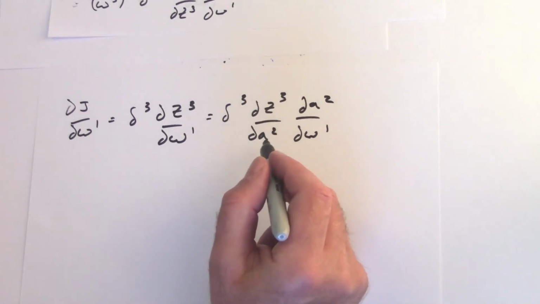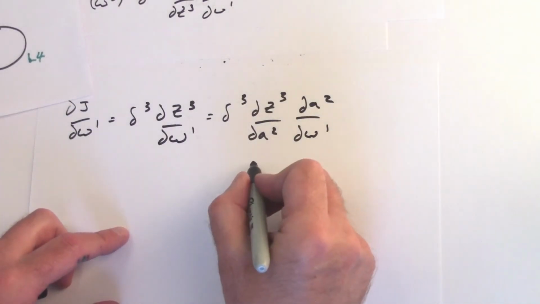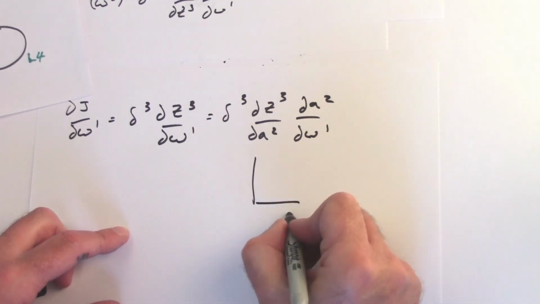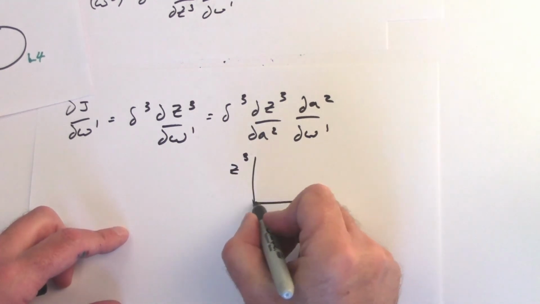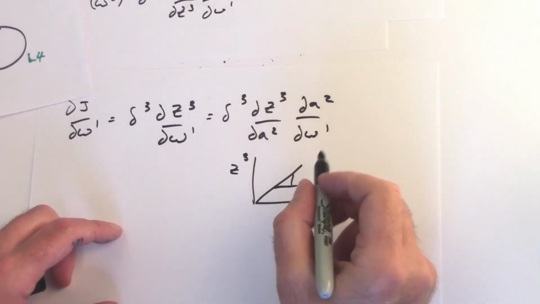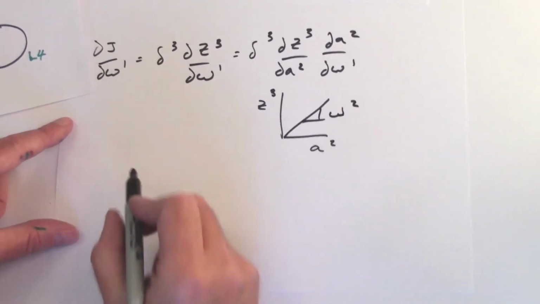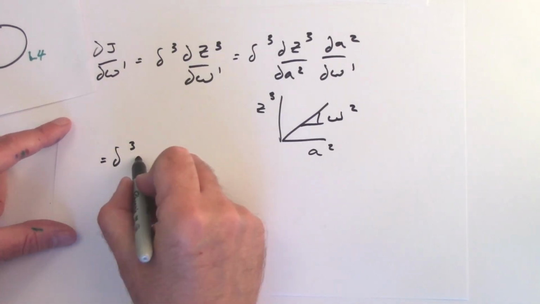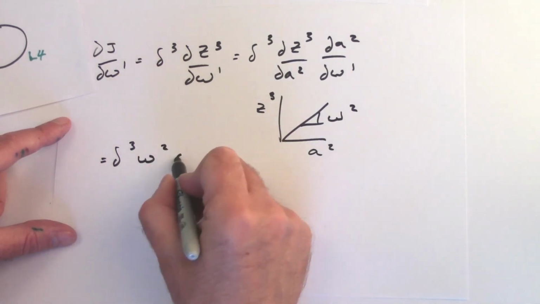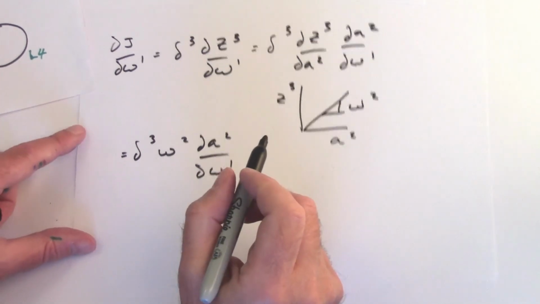So dz3 by dA2, we have a look here, that can be looked at like this, and the gradient here now is W2. So this can all be written as del 3 W2 dA2 dW1.